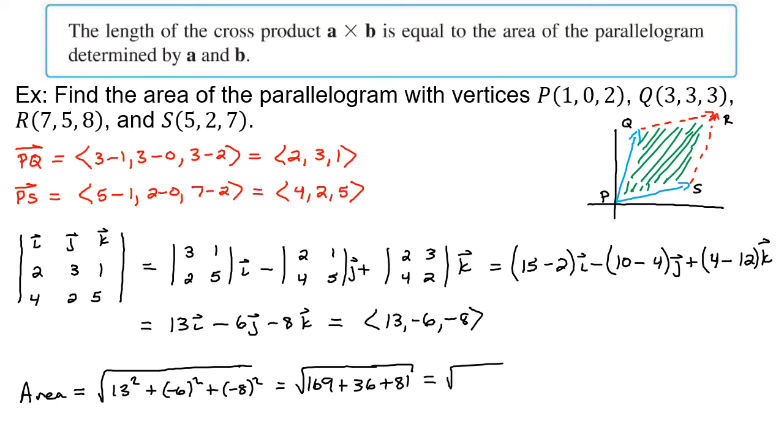Oh, sorry, that's not 81. 8 squared is 64. Oh, that's easier to work with then. 64 and 36 is 100, and 169 makes 269. So my area is the square root of 269 square units. And you can type that in the calculator if you like.